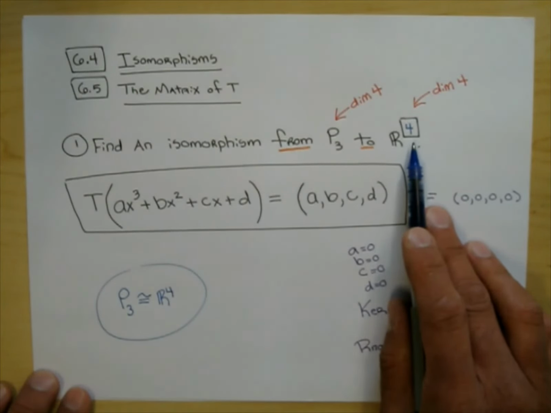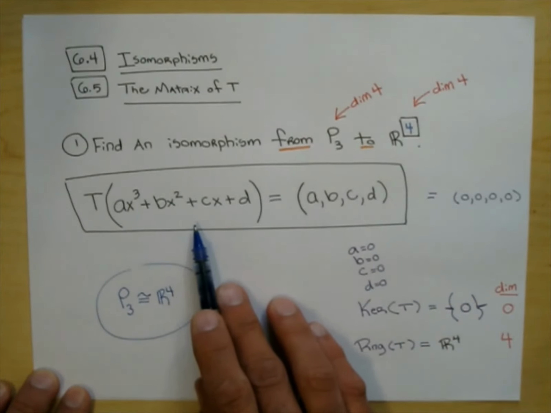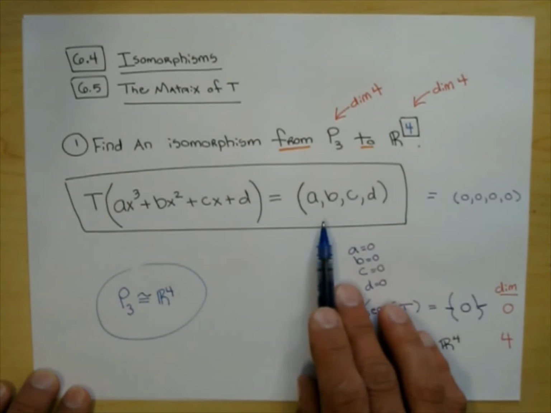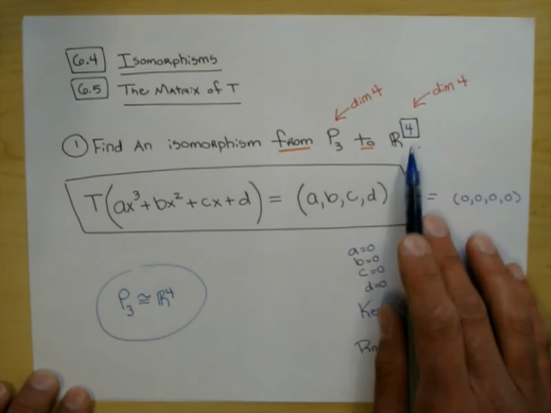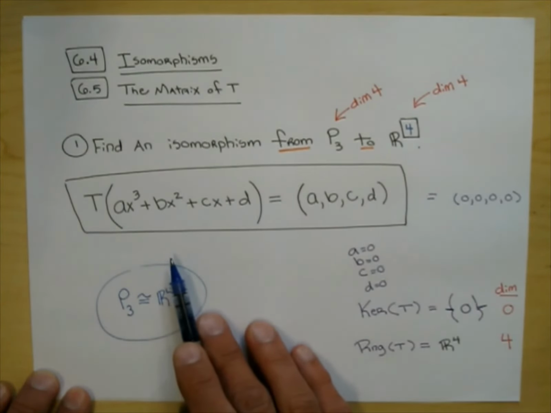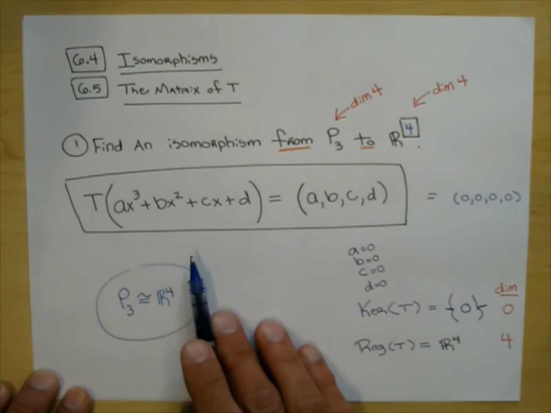Why is that important? Because I can take all the vectors through the isomorphism, then do all my dirty work in R4, and then send them back, because an isomorphism also has an inverse transformation. And so that's quite a theorem.